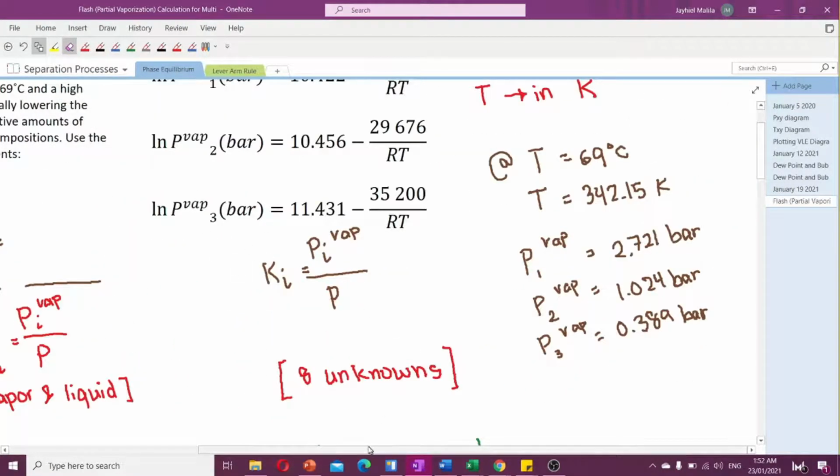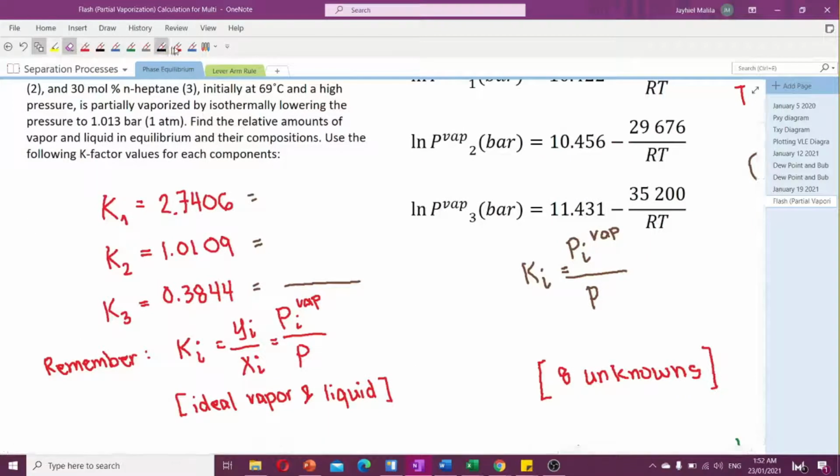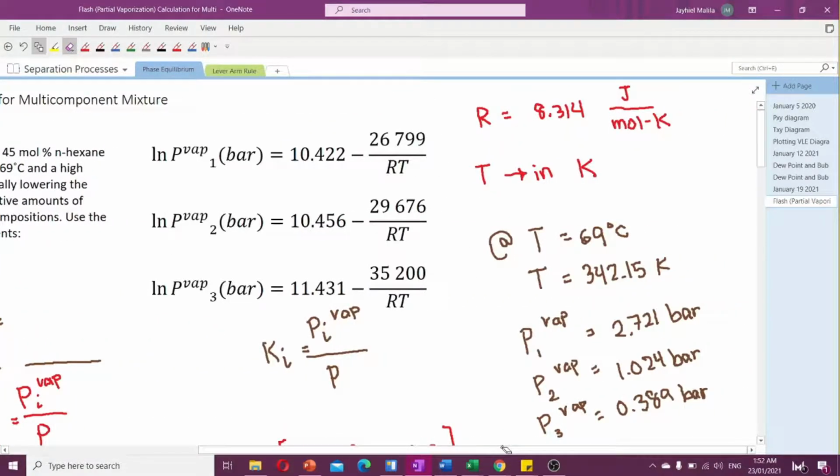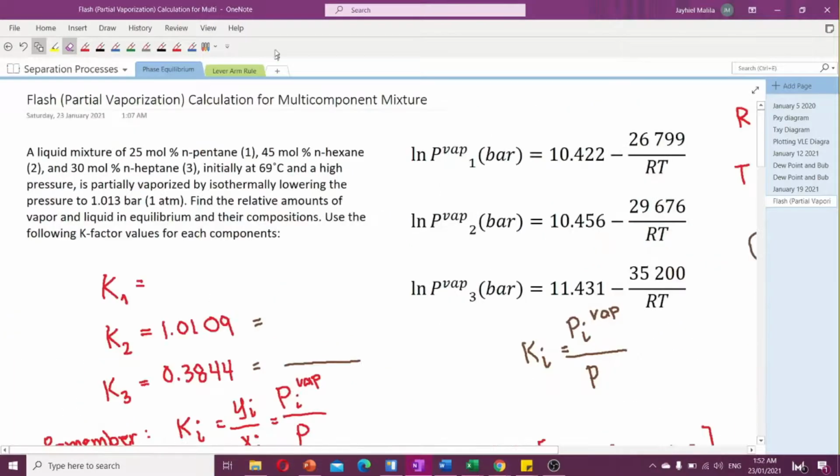I think there's a mistake in the value of K1. We need to recompute this one. Okay, glad I saw this. For P1 we have 2.721 divided by 1.013, which is 2.6861.